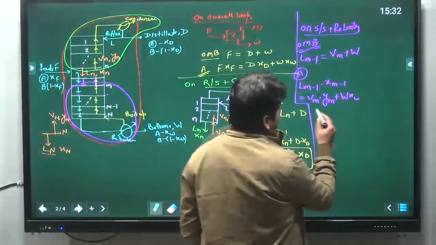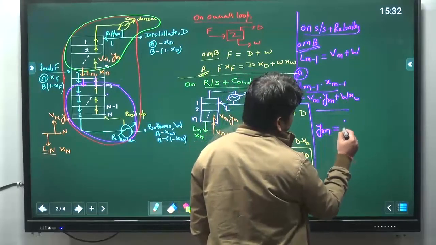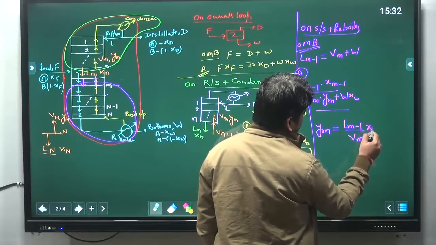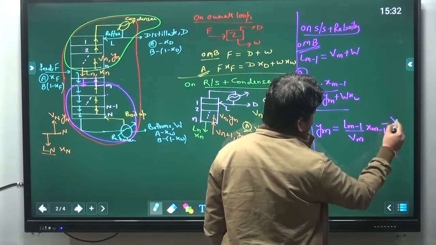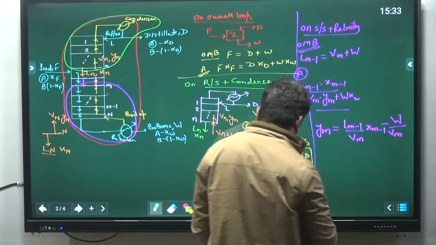And here if you want to rearrange this, you can write it as Ym equal to Lm minus 1 over Vm multiplied by Xm minus 1 minus W over Vm into Xw.